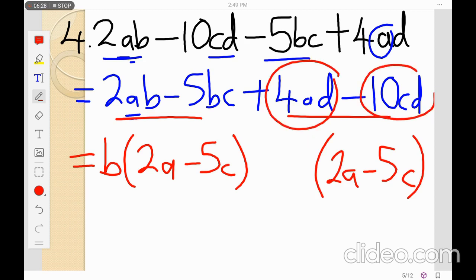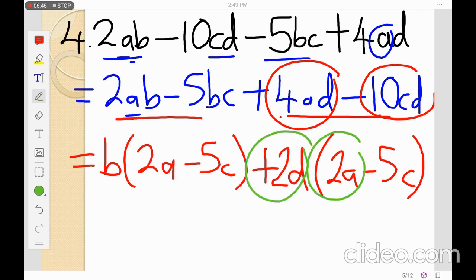I will factor out plus 2D anyway. We've got 2, we have got 4 here, and we've got 10, such that if I multiply 2D by 2A, I get 4AD.